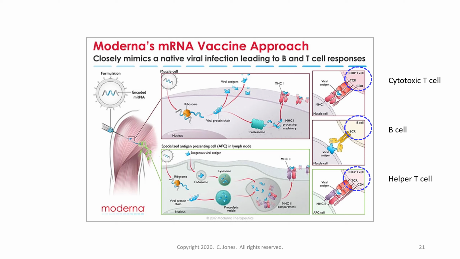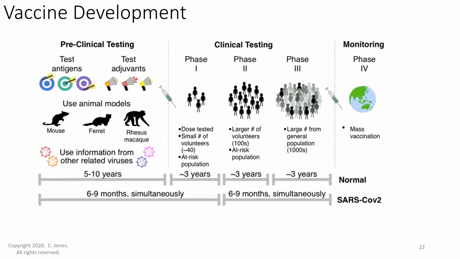The advantage of this is an RNA vaccine is incredibly cheap to make. It should be very cheap. You can make it very quickly, and you can purify this to a very high degree, again, using fairly cheap and simple methods.